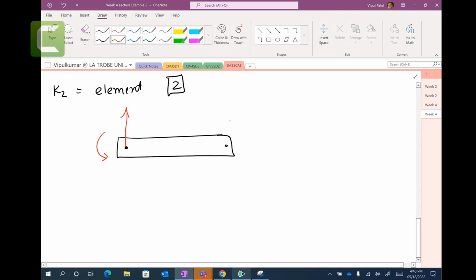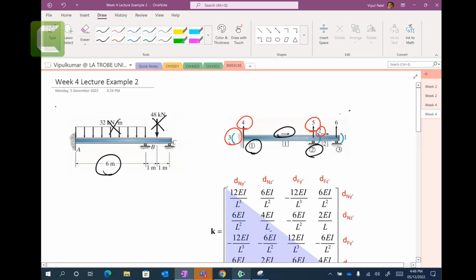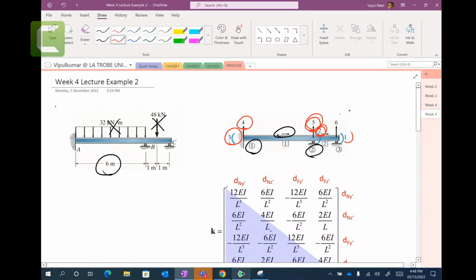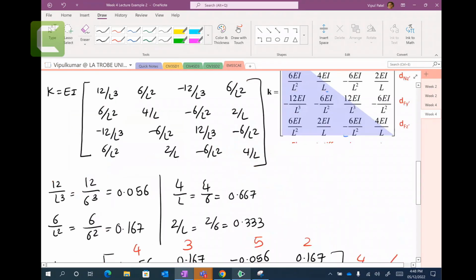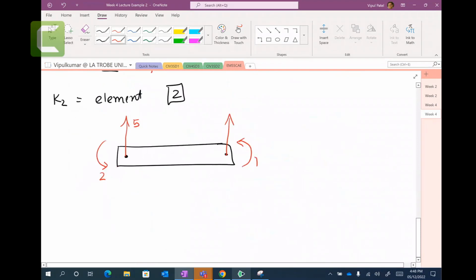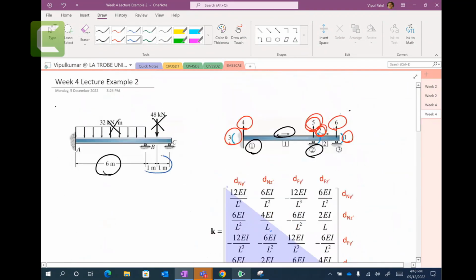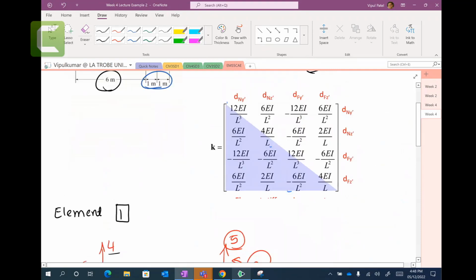Here you got 2, here you got 5. Here you got 1, and here you got 6. Length equals 2 meters. Yep, 2 meters, 1 plus 1 is 2 meters.